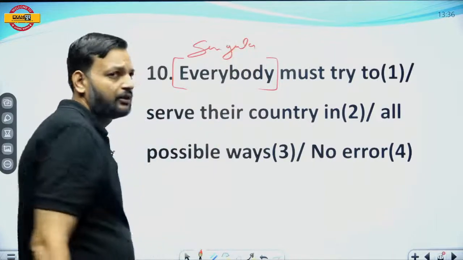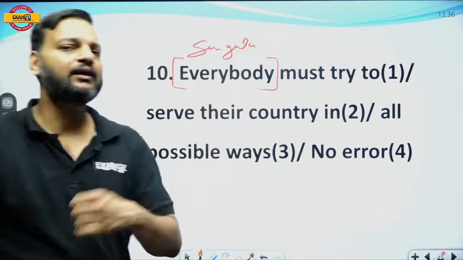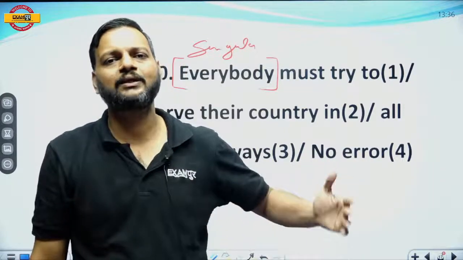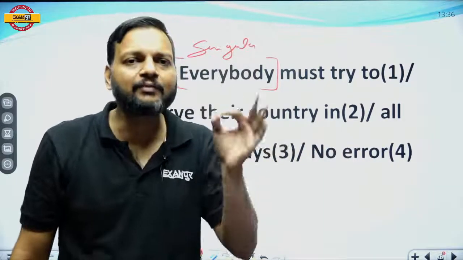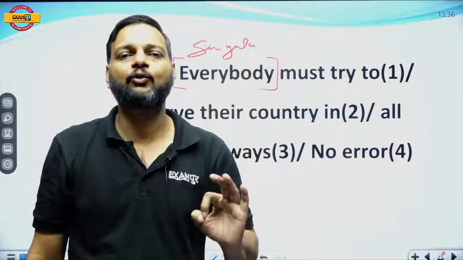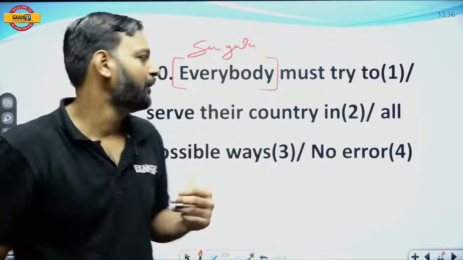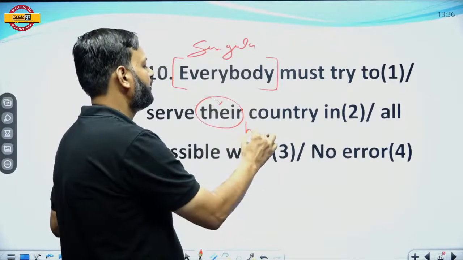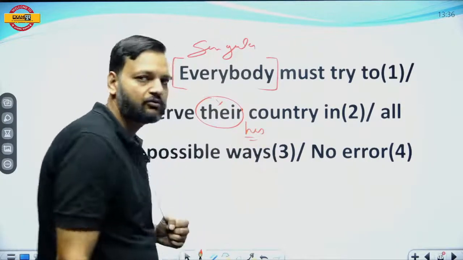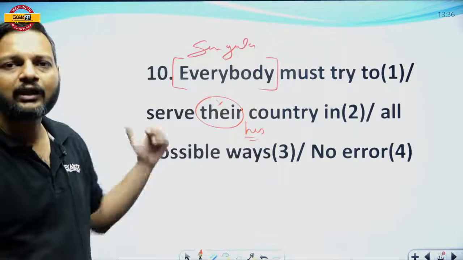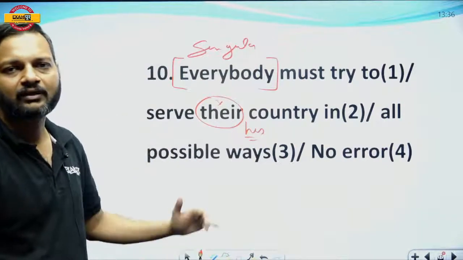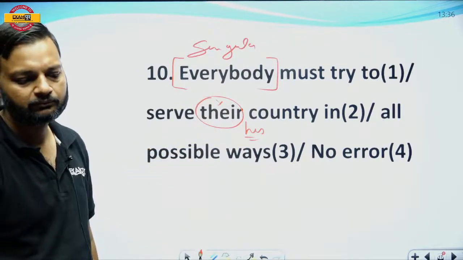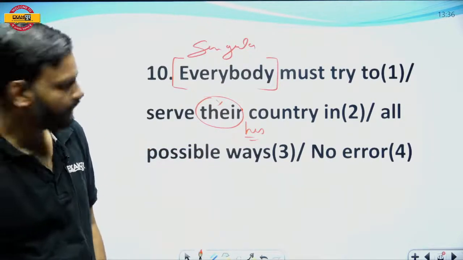Just like any other indefinite pronoun, everybody too is singular, and since it is singular, you cannot use 'their' as its possessive. So in place of 'their', we need to write 'his'. Okay.